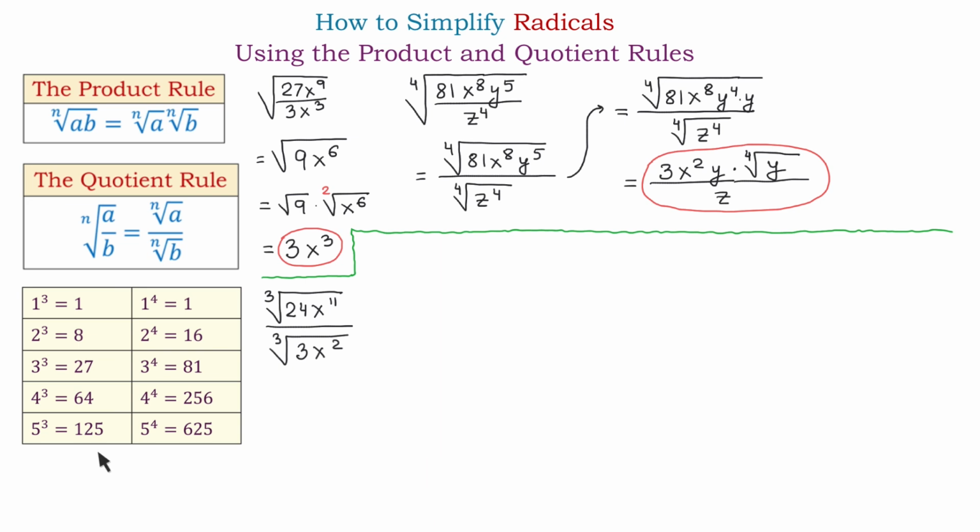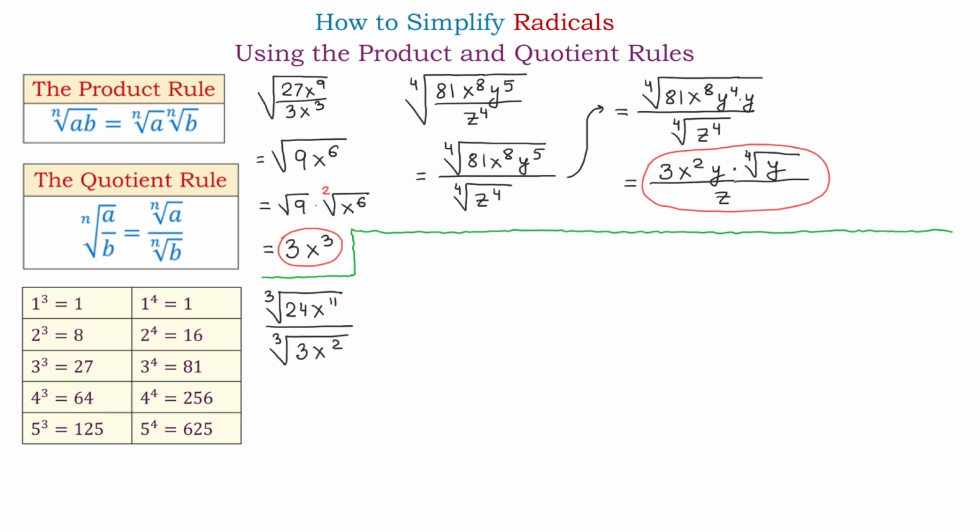If we look at this table, there is nothing that we would raise to the third power and we would get 3 or 24. Also, these exponents do not divide by 3. So then, how do we simplify this expression? I will show you two ways.